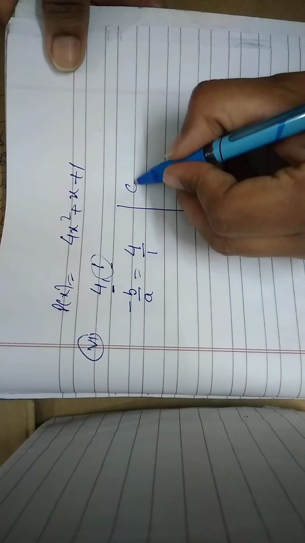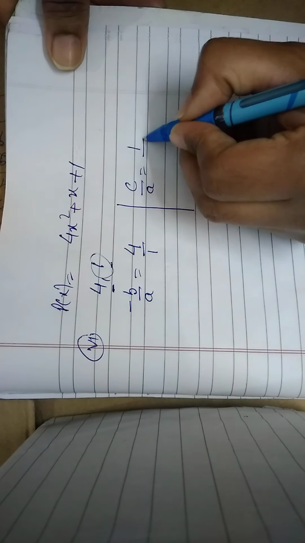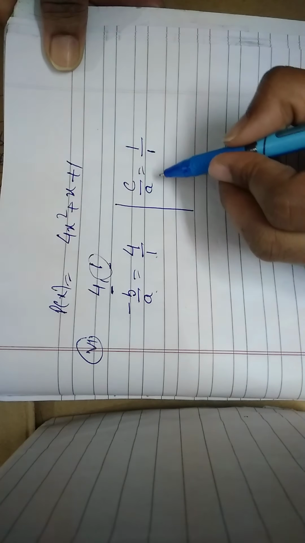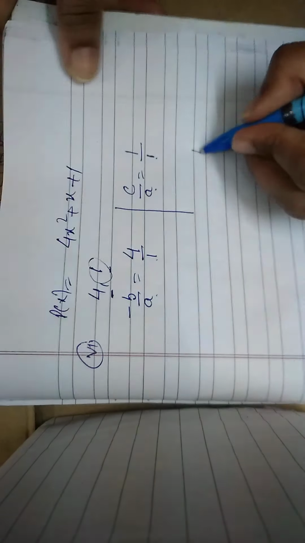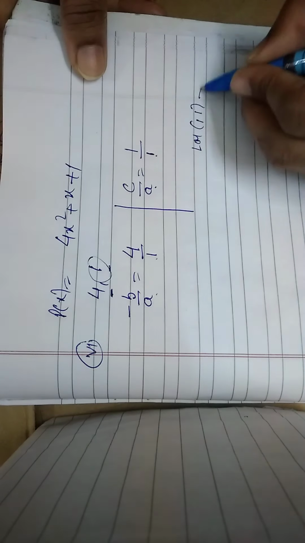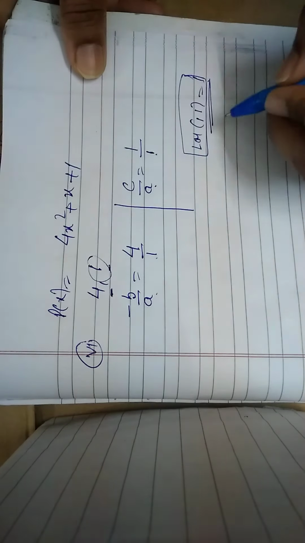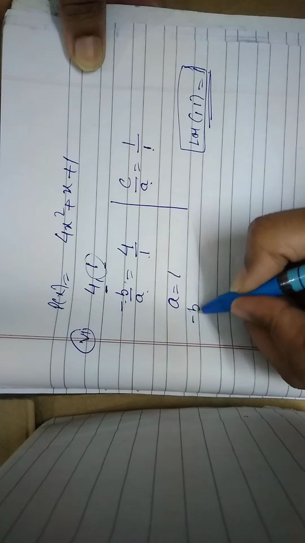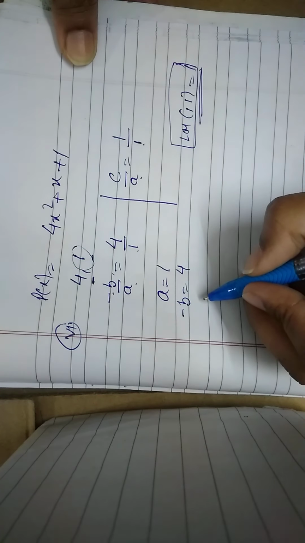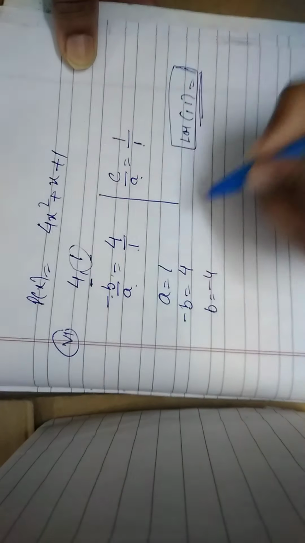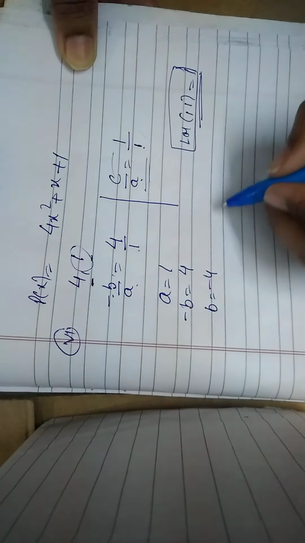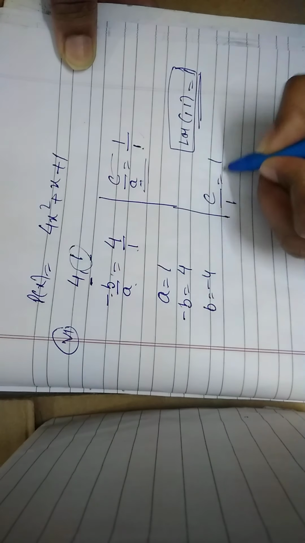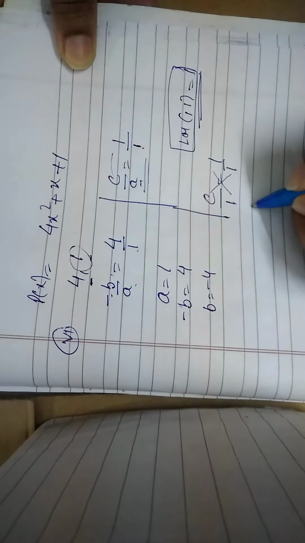Now compare: here a is 1, here also a is 1. The LCM of 1 and 1 is 1, so take a as 1. Now minus b equals 4, so b is equal to minus 4. From c upon a, put the value of a as 1, 1 upon 1, by cross multiplying, c is equal to 1. We get the values a is 1, b is minus 4, c is 1.